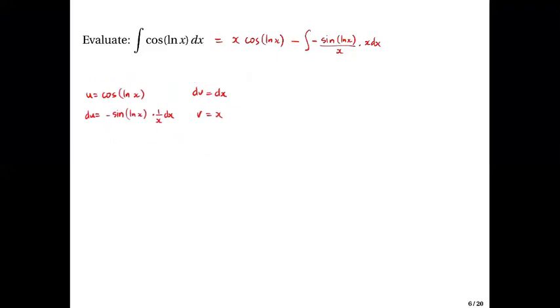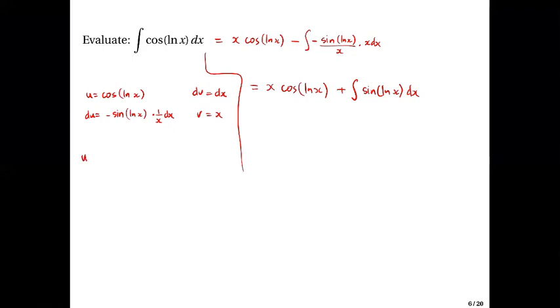If we simplify this, we'll just get x cosine of ln of x plus the integral of sine of ln of x dx. And then we do another integration by parts.